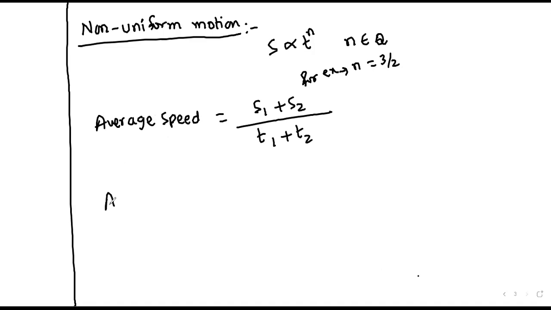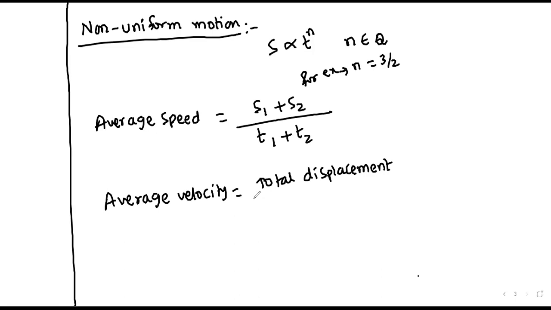Similarly, average velocity is total displacement traveled by the particle, which I can also write as net displacement in some textbooks, by total time.